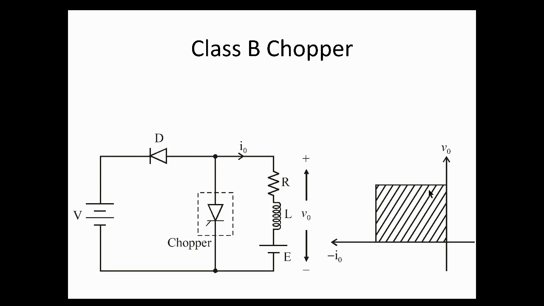In either case, when the chopper is turned on and off, our average current is negative. However, our output voltage is always positive in either case. So we have here the condition for the class B chopper. And as you have seen earlier, this is a step up type chopper, and that's another name for the class B chopper, step up.